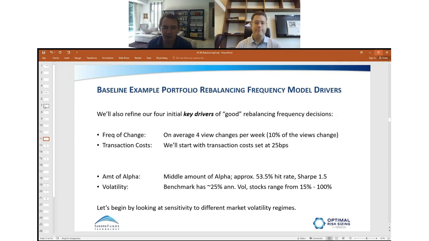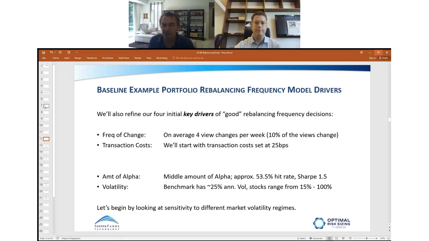Last time we talked much more about the first two drivers, as Stephen said, the frequency of change and transaction costs. And today we want to look at how your hit rate, whether you call it quantity of alpha or hit rate or how good you are, impacts where you should rebalance, the frequency.